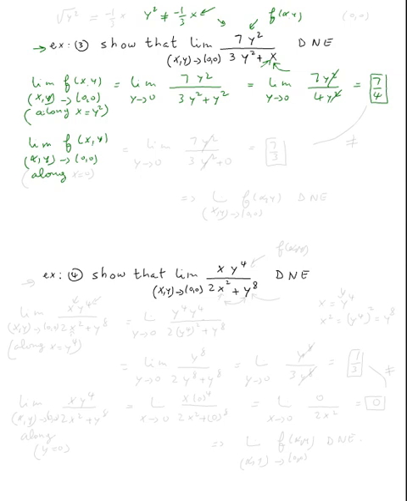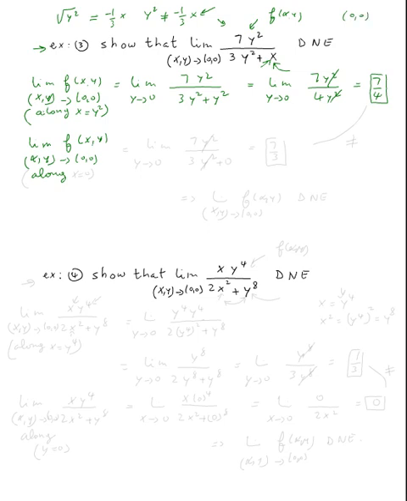So x and y cannot be 0, 0. You just don't want the point 0, 0 in the domain.